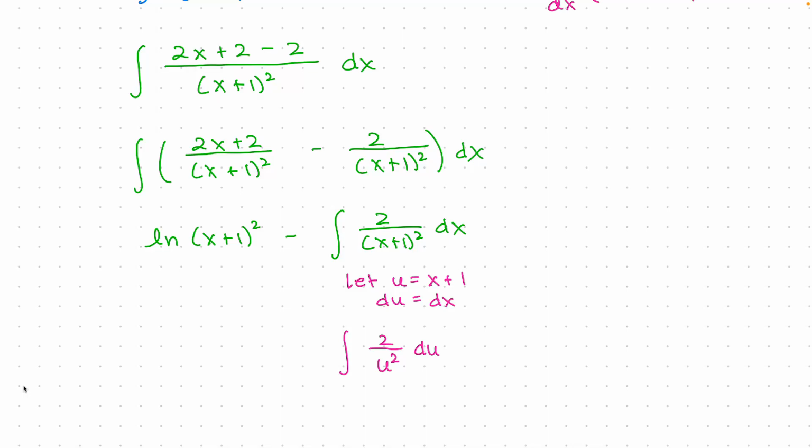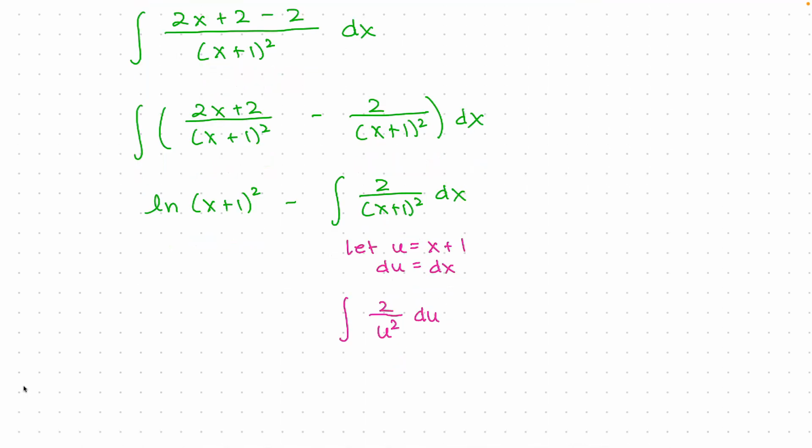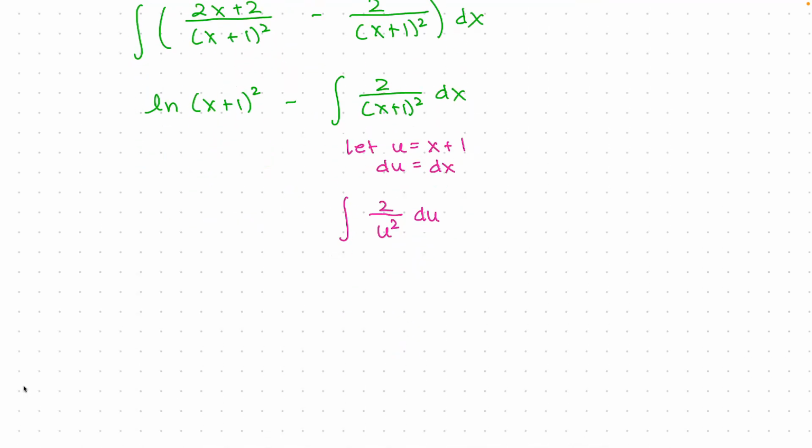Did that really get us anywhere? How do we integrate that? 2 over u squared. The derivative of the bottom still isn't in the top. Trey? Sorry, say it again? Oh, yeah. Right, it is a negative exponent. It's power rule at this point. We can do power rule.